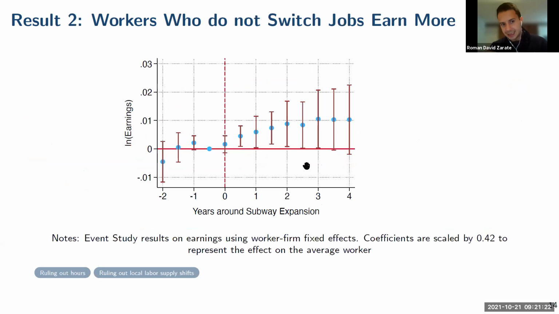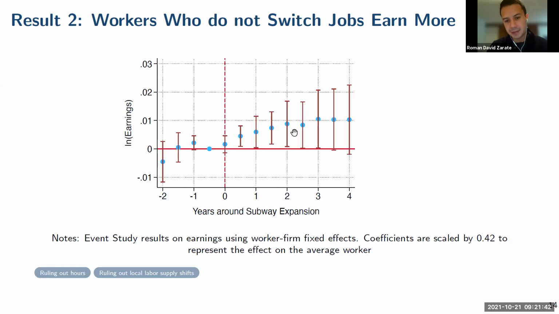Now, this is the second result, and this is the story of market power. So we run this event study, but instead of just including worker fixed effects, we include worker-firm fixed effects. So we will be comparing workers that do not switch jobs before and after the shock. And what we find is a very similar result.